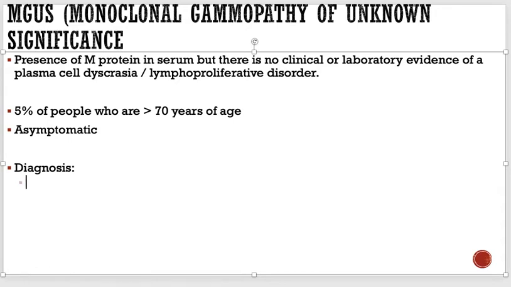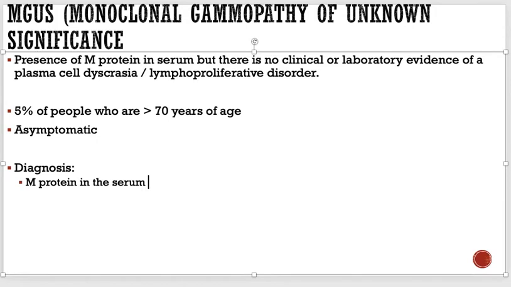Now how is the diagnosis done? I will show you some of the photographs. How do we catch whether there is any kind of abnormal overproduction or not? For example, if we find the M protein in the serum, or you can also say serum monoclonal protein.